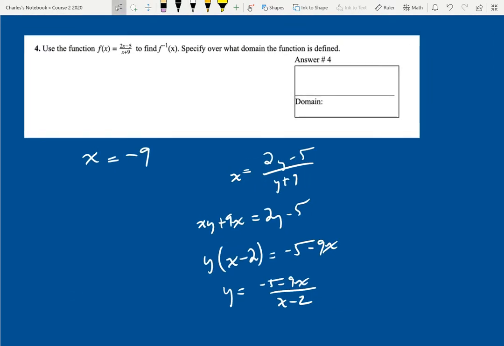And in the inverse function, x cannot equal 2, because that's going to give me a 0 in the denominator.